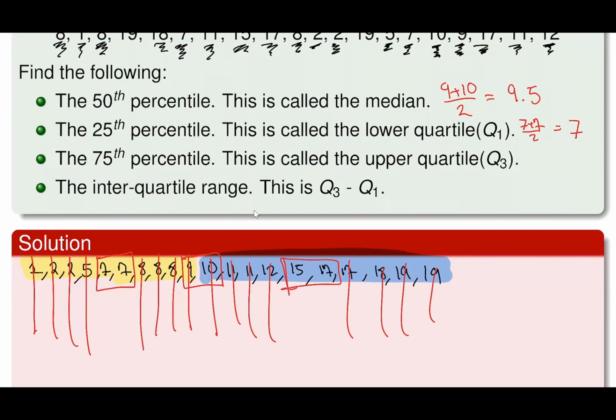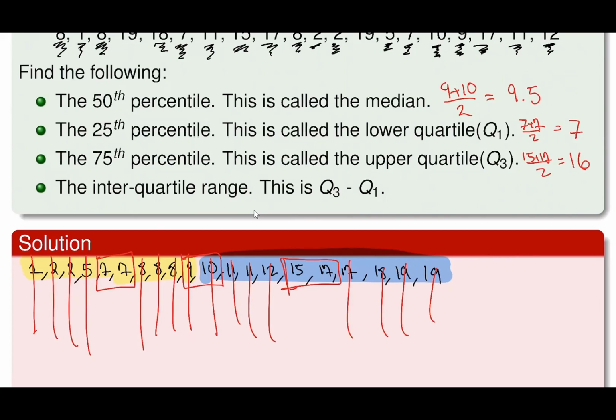Once again, since you have 2 numbers in the middle, you take the average of those 2: 15 plus 17 divided by 2, and you get 16. So that's how we find quartile 3. You focus on the half that has the bigger numbers, and the median of that half is my quartile 3. Any question in regard to quartile 3?